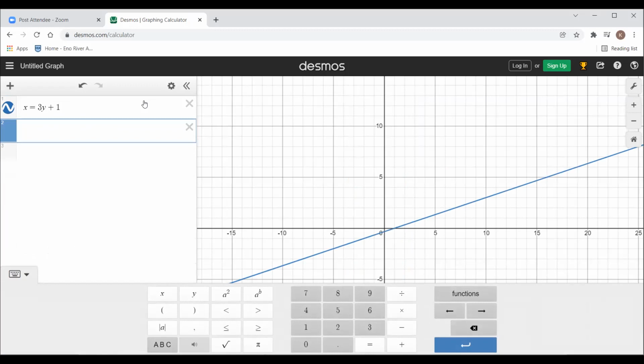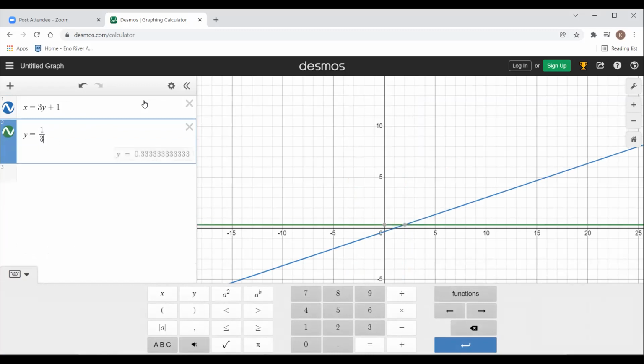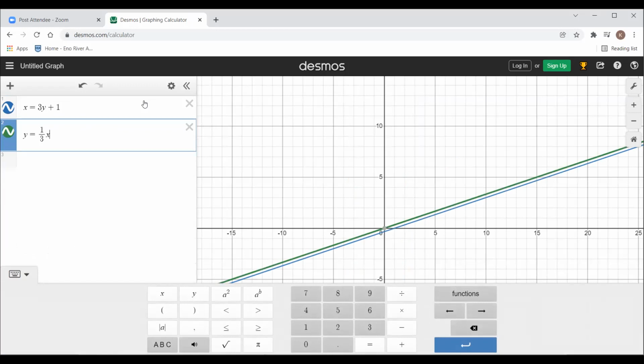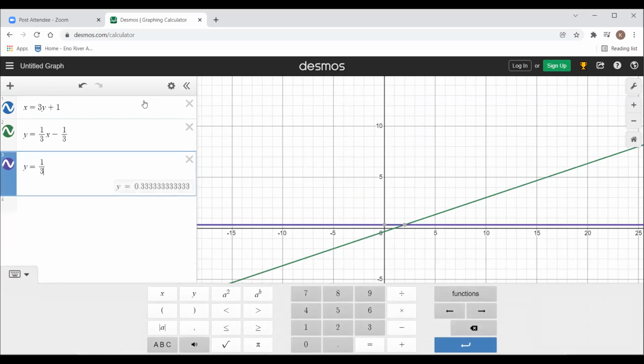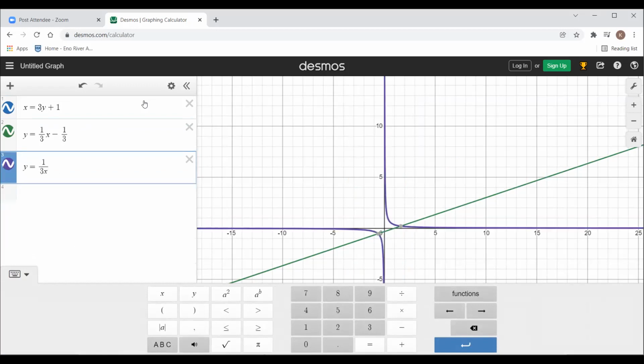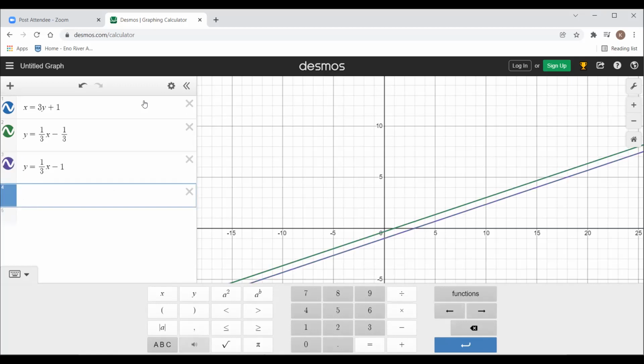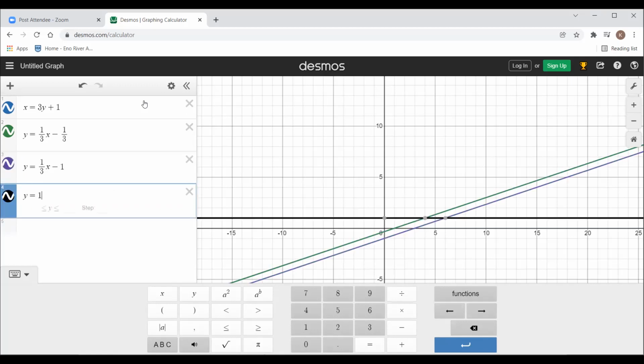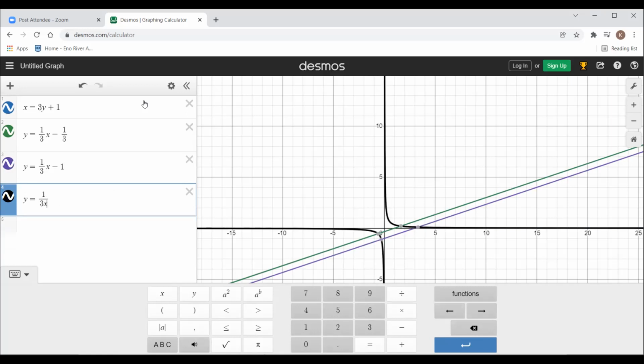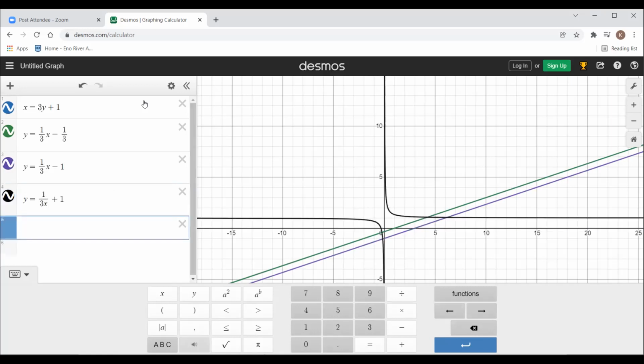So for all 4 of our answer choices, I'm going to write y equals 1/3 x minus 1/3, y equals 1/3 x minus 1, y equals 1/3 x plus 1, and y equals -3x minus 1.